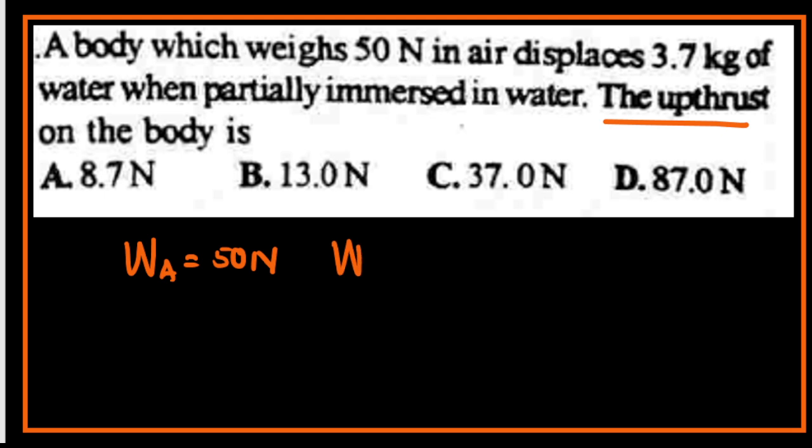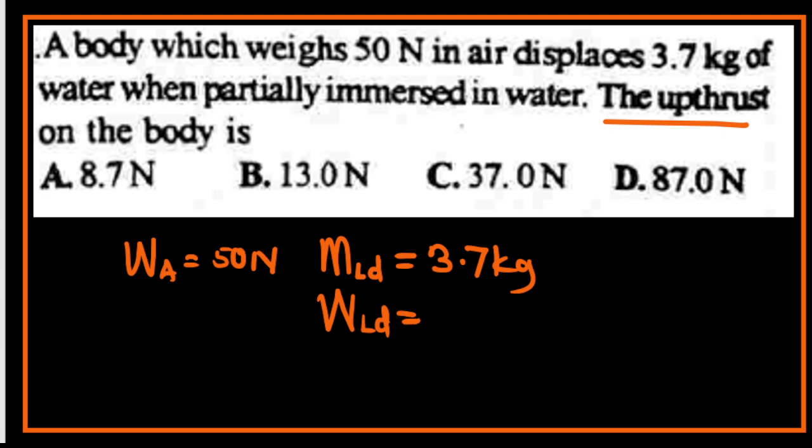They gave you water. So mass of liquid displaced is given as 3.7 kilogram. Then that means weight of liquid displaced, if we take g as 10, is going to be 37 newtons.